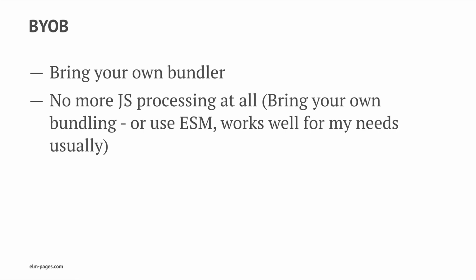If you really have a heavyweight JavaScript in your elm-pages front end, then you can always pull in Webpack or Rollup or whatever you want as needed. But the way it works is elm-pages just gives you a single JavaScript entry point file, and it doesn't do anything with that except copy it over and include a script include tag of that. So that lets us have a leaner build process.